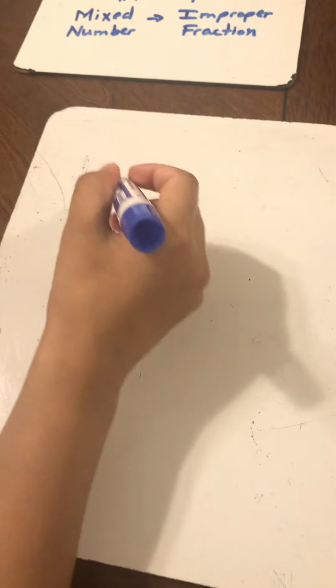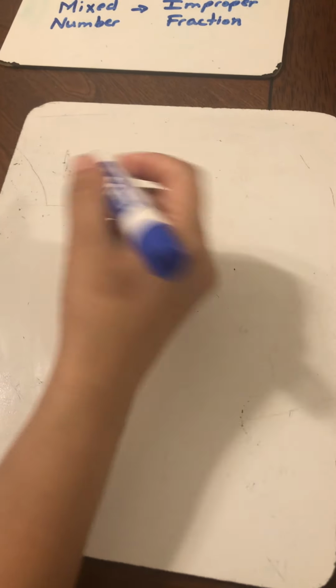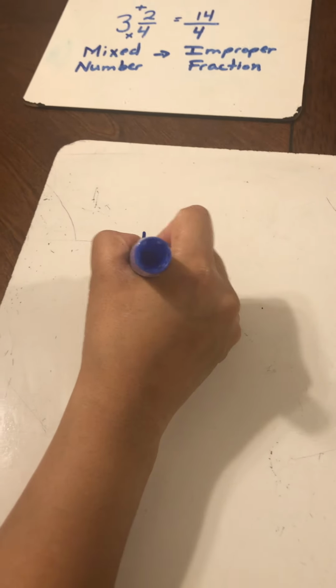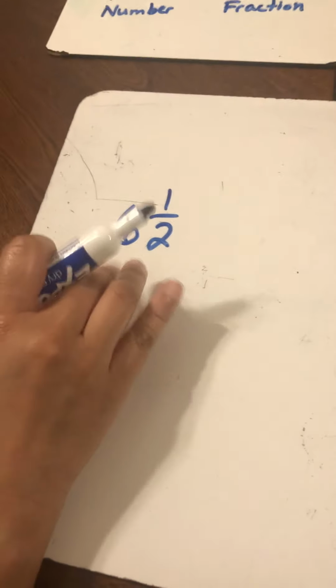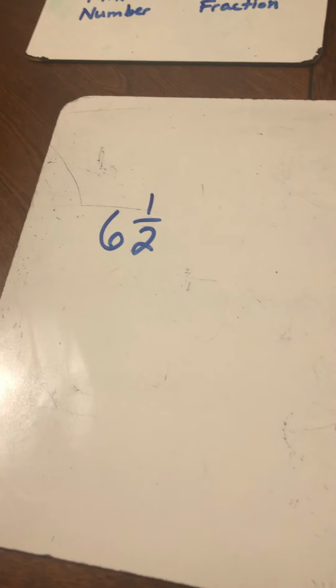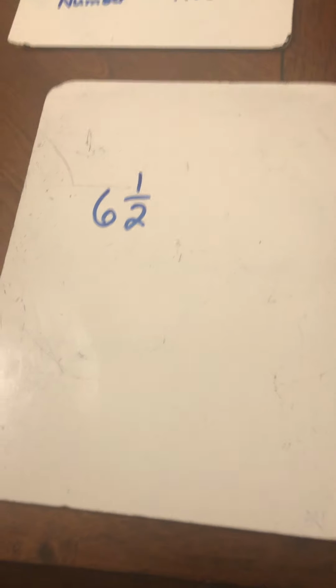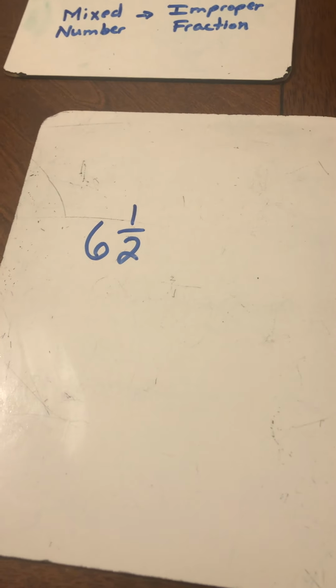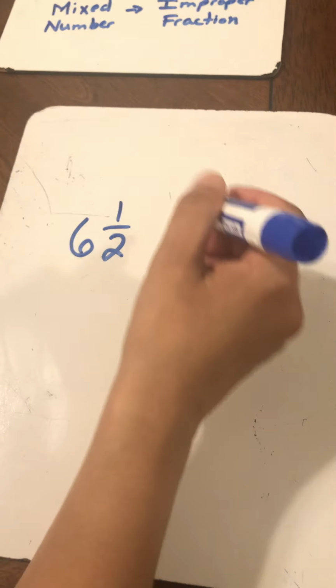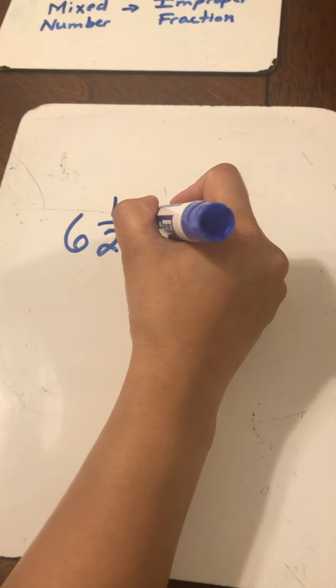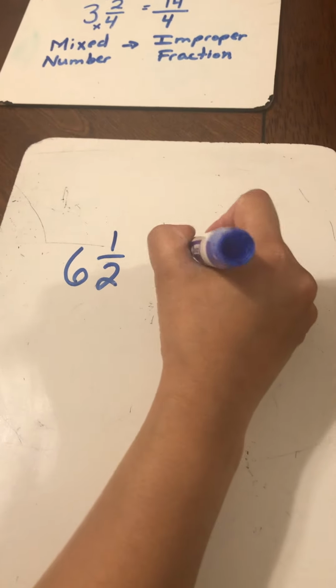Okay. Please copy this in your notebook, or if you have a whiteboard at home, that'd be great. Try 6 1/2. Convert this mixed number into an improper fraction. Pause the video here and try that on your own. All right, boys and girls, so hopefully you tried that. So you should have gotten 13/2.